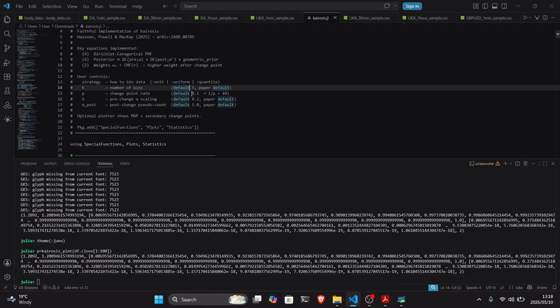Everything is default: 5, 0.1, 0.2. These are the original paper's default variables, so I'm just going to leave it like that. You can change it and play around with it. I'll give away the code on the free member Discord.